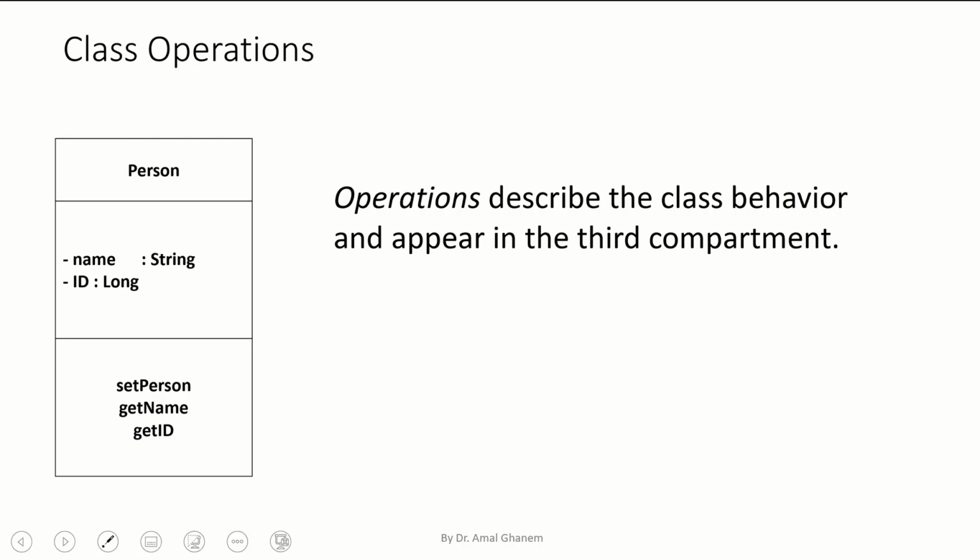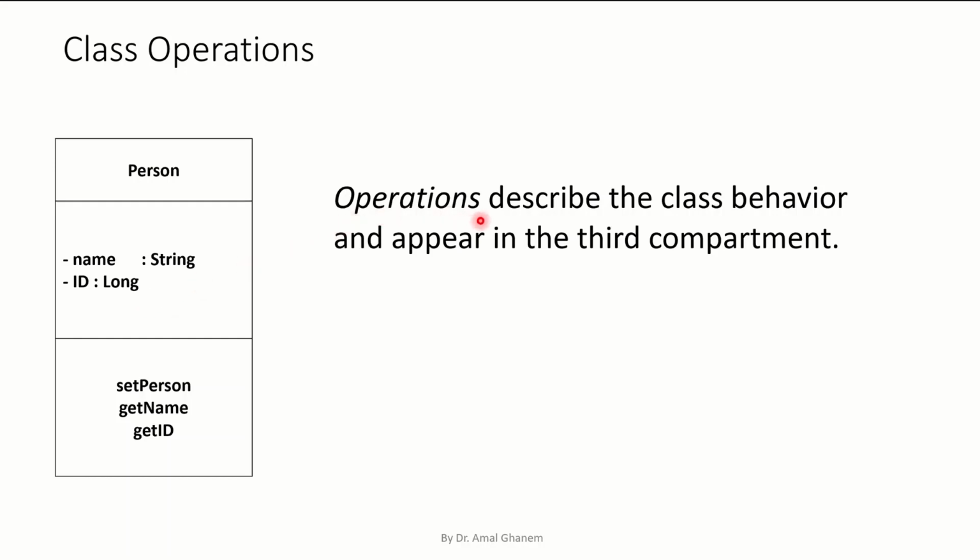Just like we have the class name at the top, we have the attributes in the middle section. Below that, in the last section, we will have the list of methods. For example, usually the main methods we have for a class are set and get methods. So I have here setPerson to set the data, which are name and ID, getName to return the name of the person, and getID to return the ID of that person.